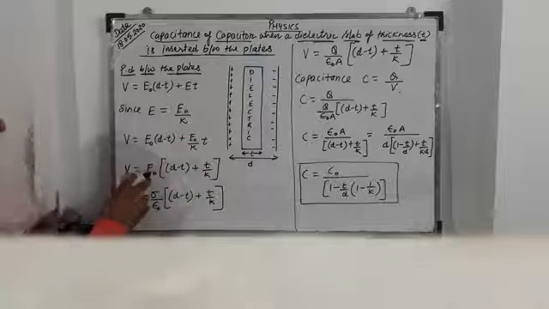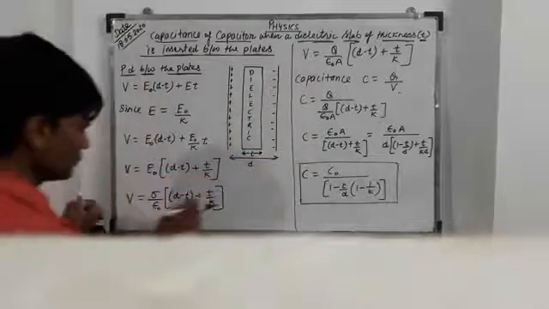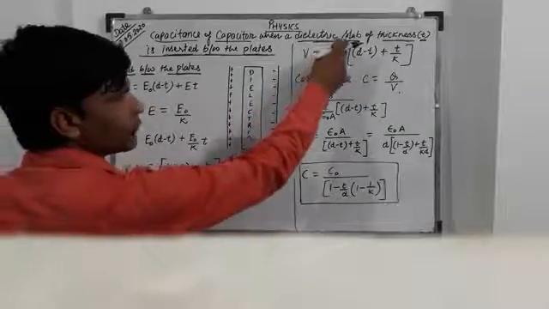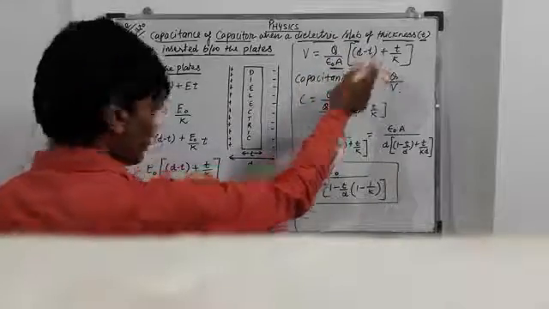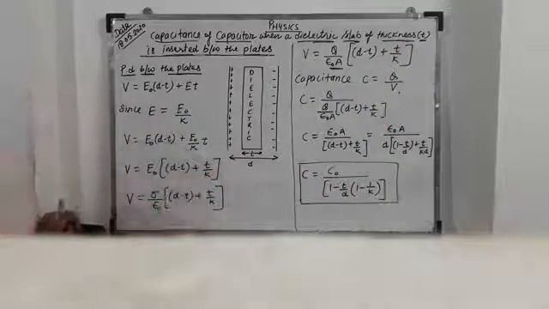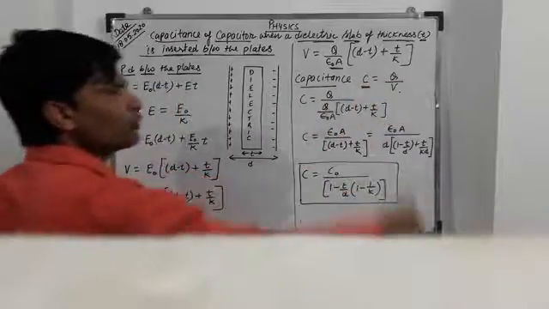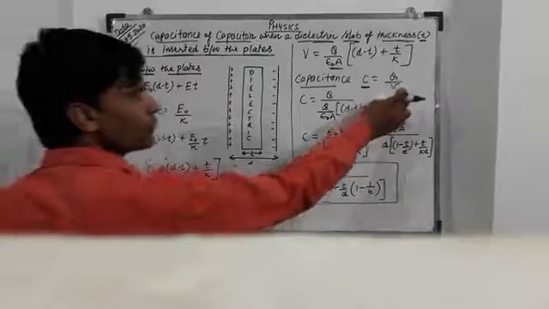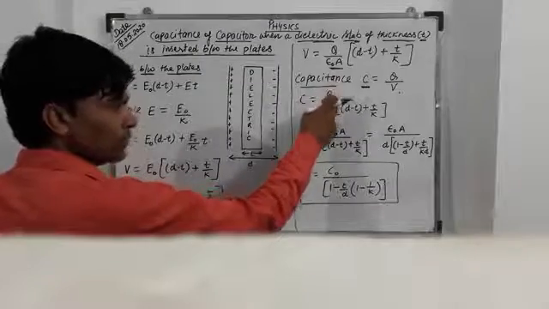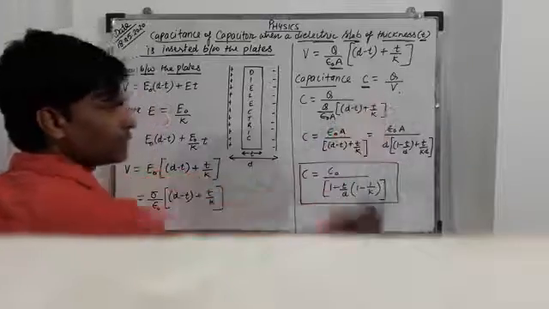But the value of E naught is sigma upon epsilon naught, and sigma is equal to Q upon A. Then V is equal to Q upon epsilon naught A into d minus t plus t upon k. The capacitance C is equal to Q upon V. Put the value of V from there, we get C is equal to Q upon Q upon epsilon naught A into d minus t plus t upon k.